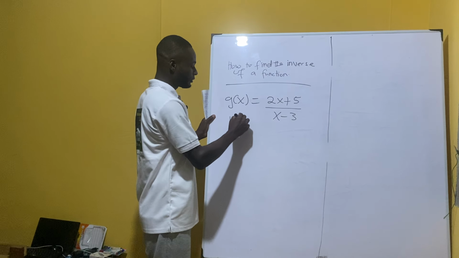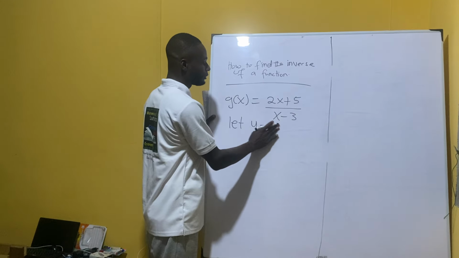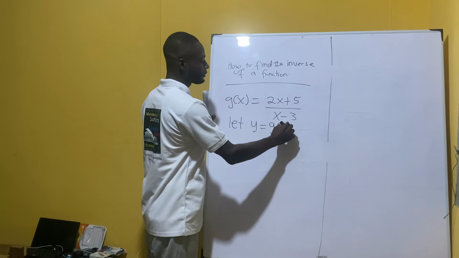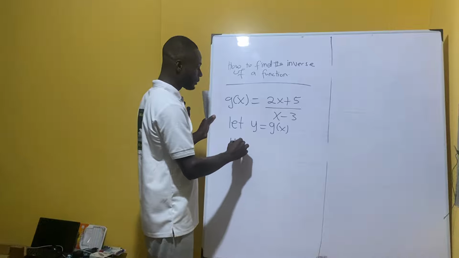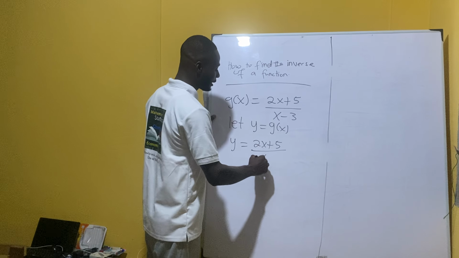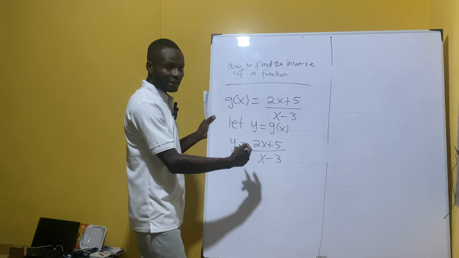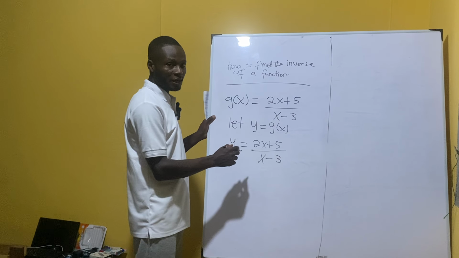First, let y equal g of x. So we have y equals (2x + 5) / (x - 3). Once you have this, interchange the position of the x and the y variables.